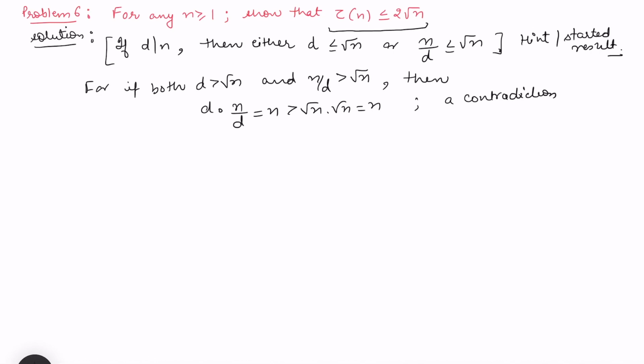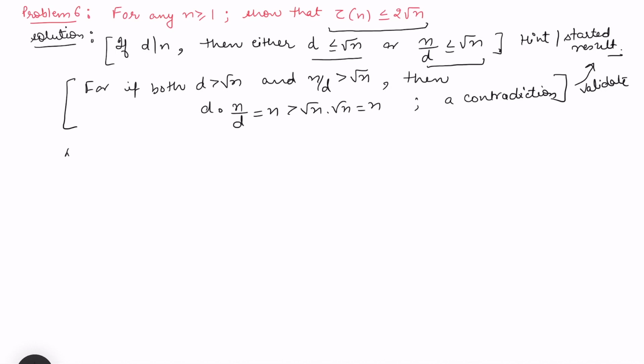So from here you can validate the previous case result. So this validates this case. So if d is less than or equal to root n, n by d is also less than or equal to root n. So if both of them are greater, then we arrive at a contradiction. So that means we can take this case as the starting result.